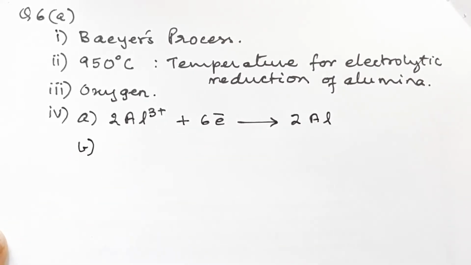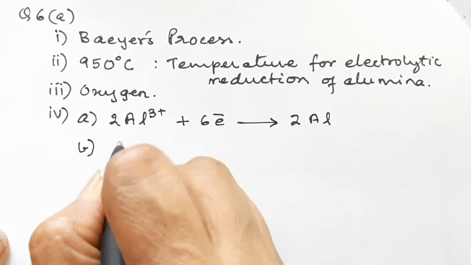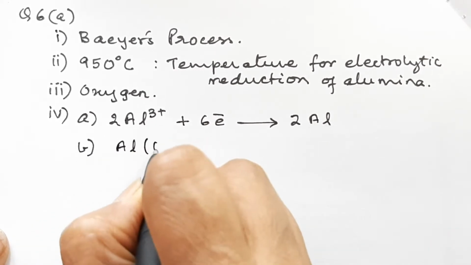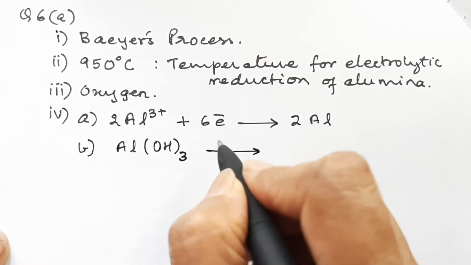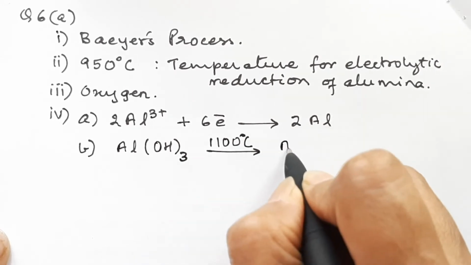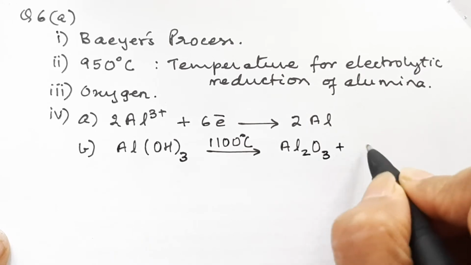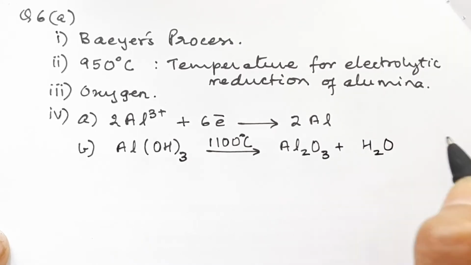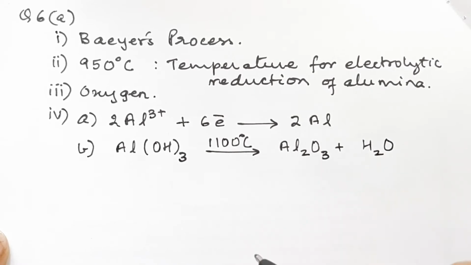And B reaction is action of heat on aluminium hydroxide. So we have Al(OH)3, which will be at 1100 degrees C. It forms Al2O3 plus H2O. Remember, a hydroxide on heating gives oxide and water.